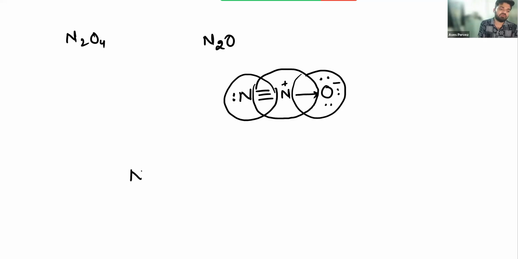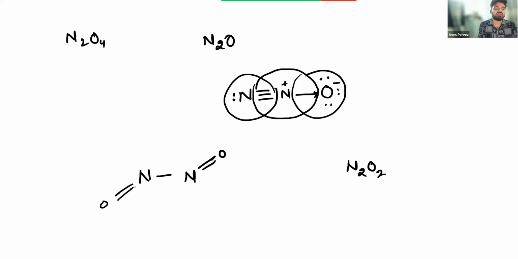Similar is for N2O4. There is nitrogen, nitrogen, with a single bond between the nitrogens, and 2 oxygens with this. So these are 2 nitrogen atoms with a single bond.